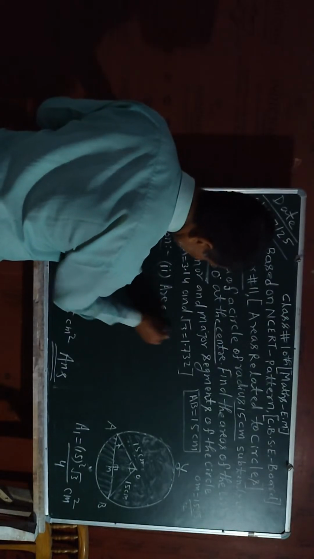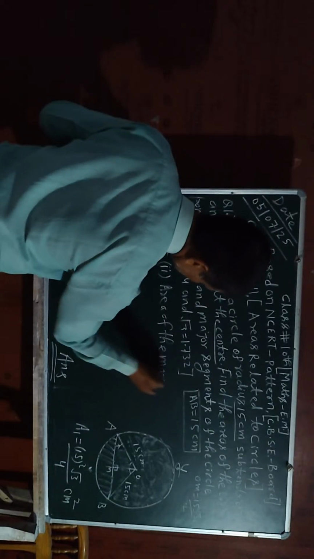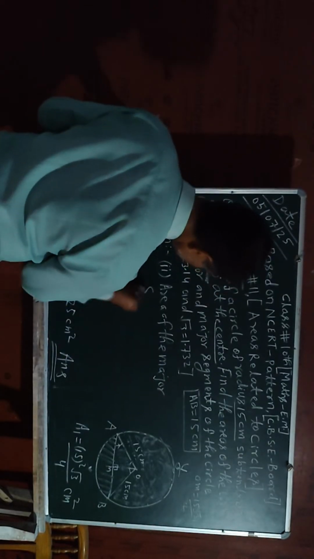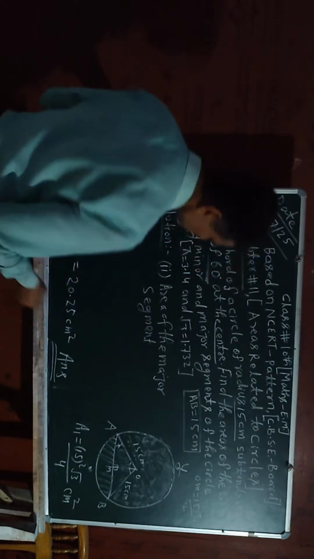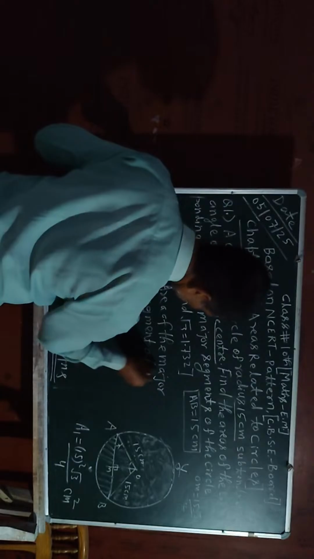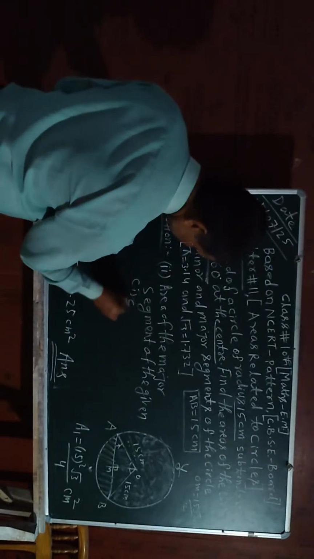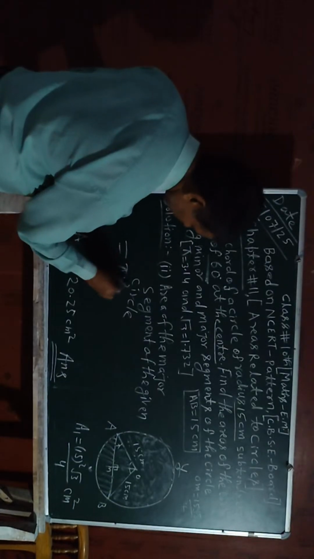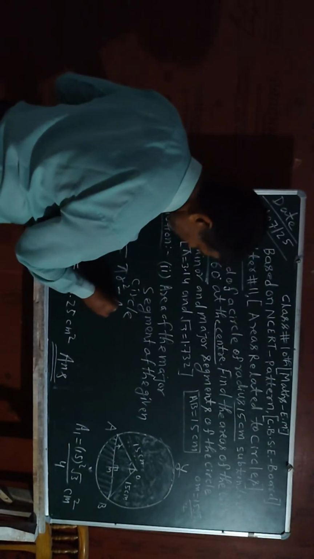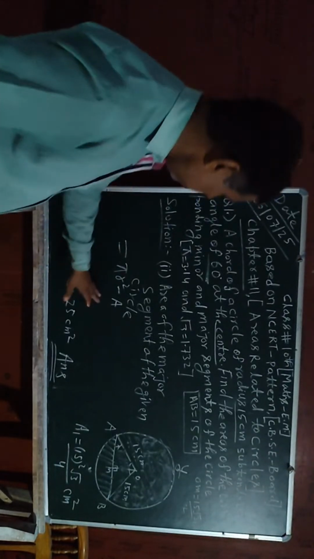Area of the major segment of the given circle, which is equal to pi r square minus area of the minor segment.